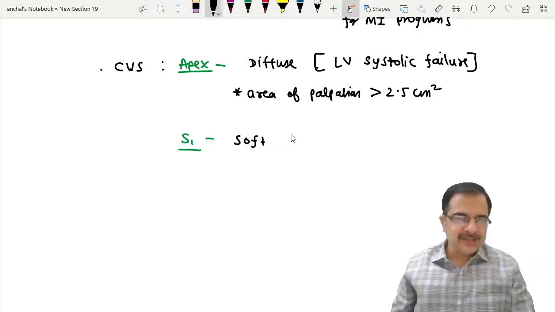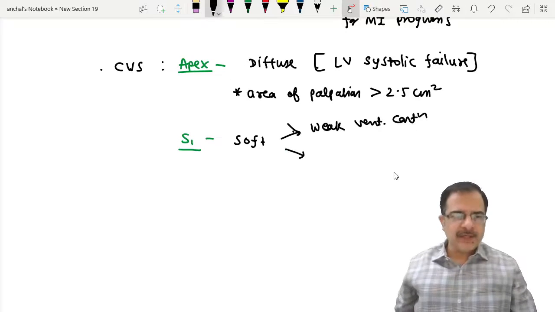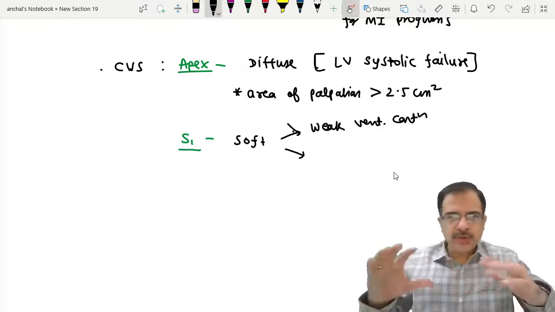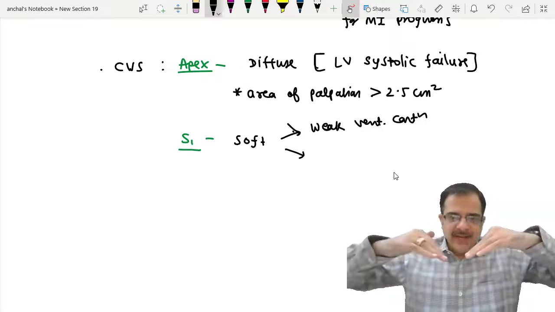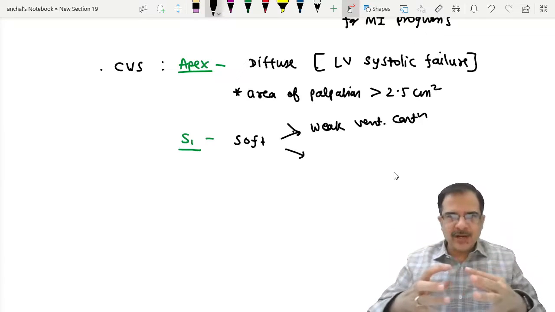First reason is weak ventricle contraction. And the second cause of a soft S1, you have to know the mechanism of S1. S1 is due to striking of the AV valve due to the ventricle contraction.